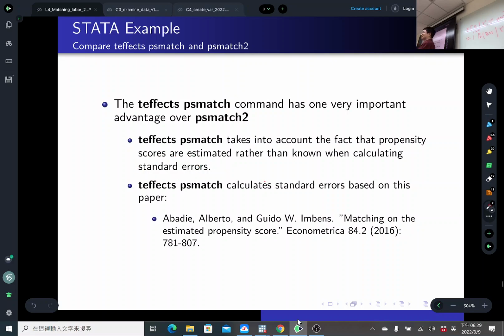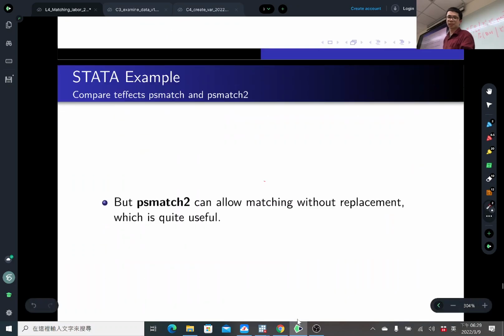That's very important because it gives you the right statistical inference. You can calculate a correct t statistic and p-value. This is a very important advantage.